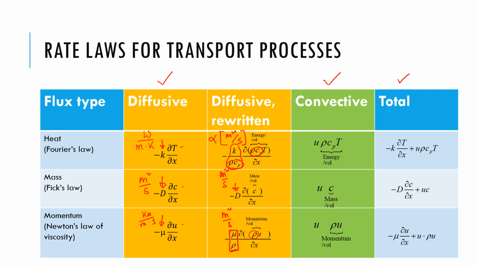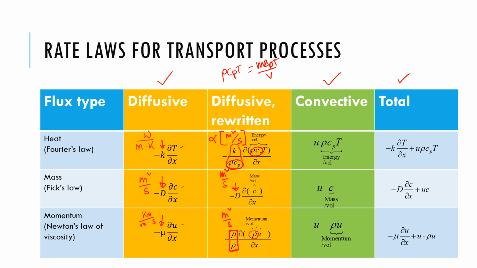So now all three equations, just slightly rewritten, have the same unit for the proportionality constant, and then the other part is also analogous. So rho CpT is an easy way to think of mCpT divided by volume.